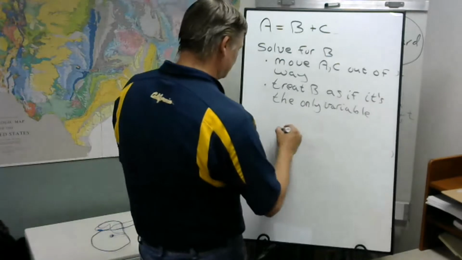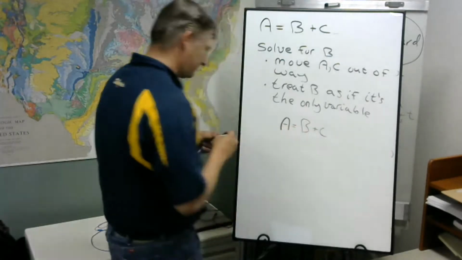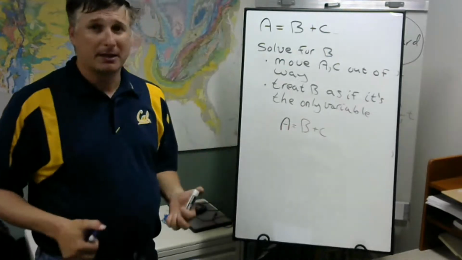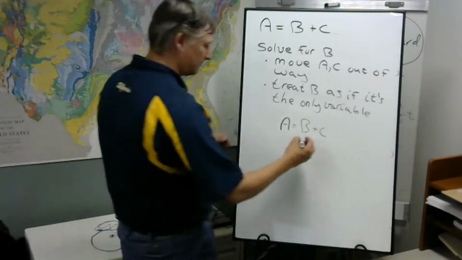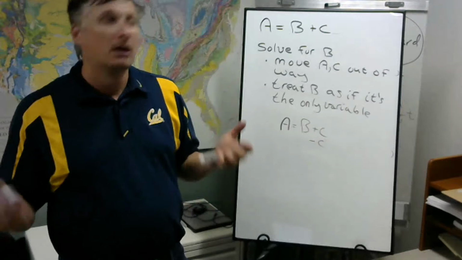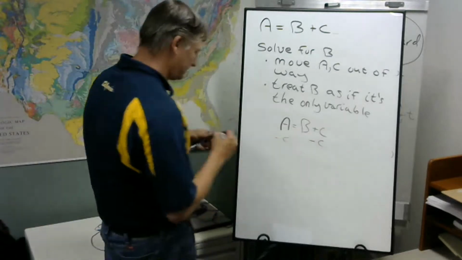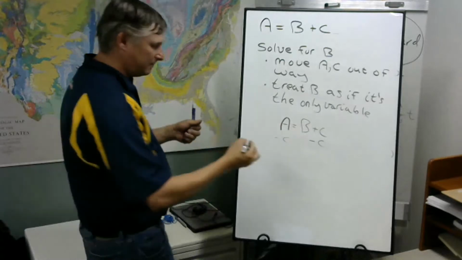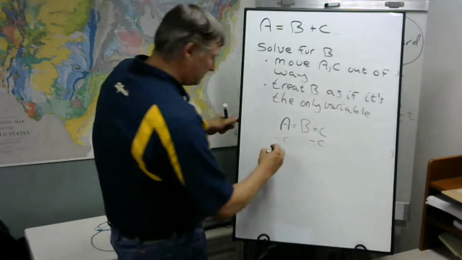So A is B plus C. We want to get B by itself. So it means we need to cancel C. So if you're adding C, subtract C, it cancels. But again, once you do the one side, you got to do the other. And because these are variables, we don't know what they are though.